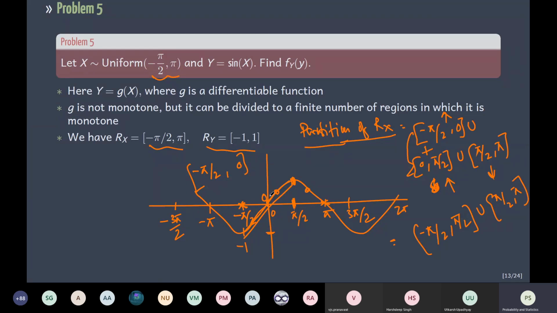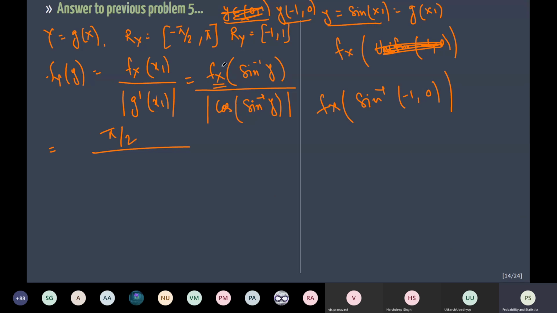Okay, and for which we are computing this, right? So we have this PDF of x, and cos of sine inverse y. So I can write this as what? Sine inverse y is x1, right? Square root of 1 minus sine square.